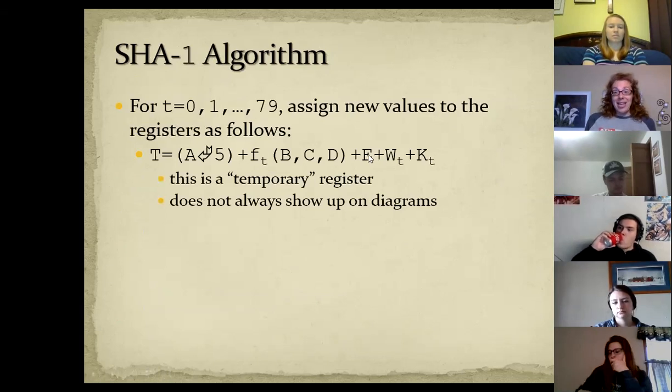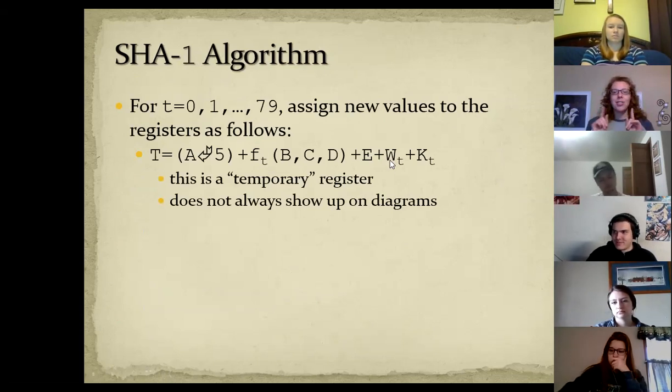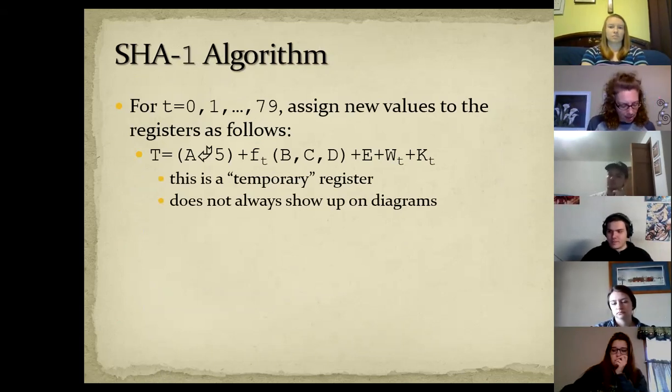We are adding to that the value in that register E. We're adding to that the W sub t value. So this is what came from my message, right? We broke our message up into W0 through W15, and then we generated all the rest of these W values. And we are adding to that the value of K sub t.